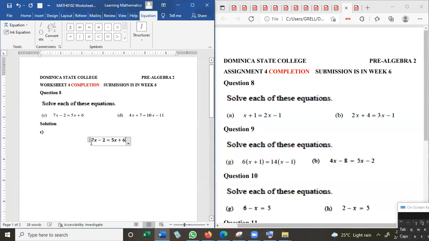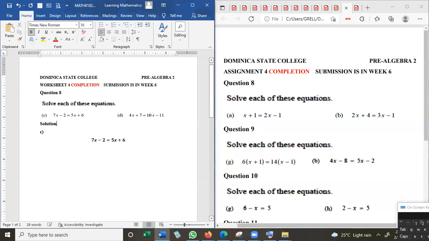Now, what I normally recommend is that you cancel out the x with the smaller coefficient.